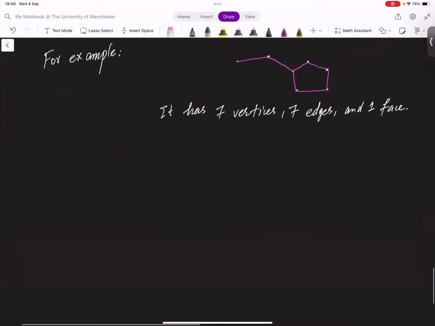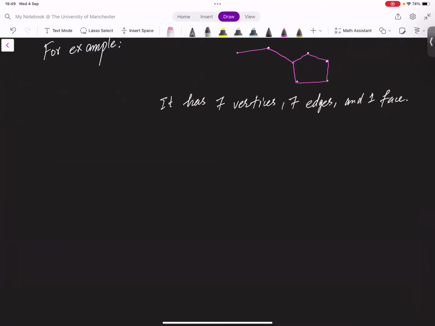Okay, let's give another theorem which will help us to prove the first one.